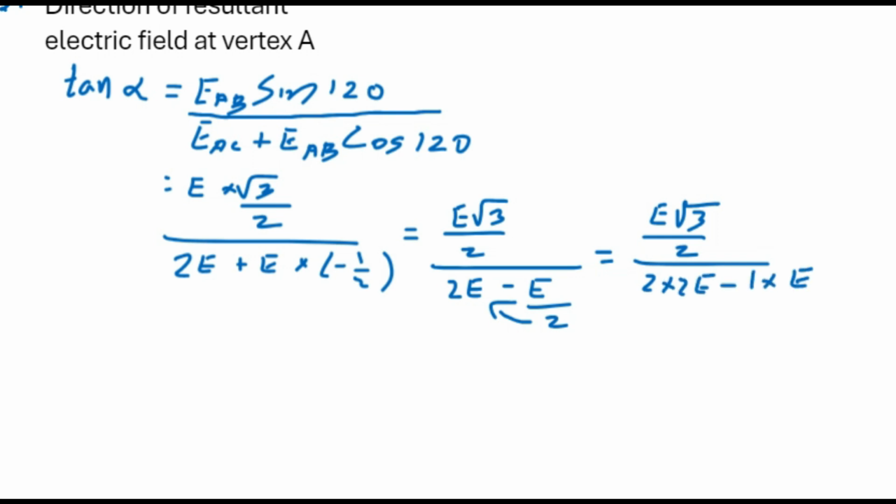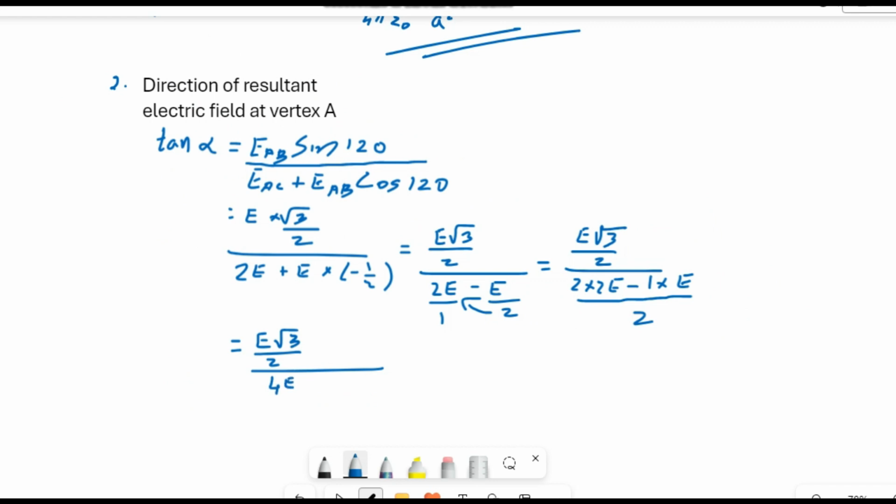So 2 into 2E minus 1 into E, divided by the denominator multiplication, so 1 into 2. So the numerator we will copy again as it is, E root 3 by 2, and denominator 2 into 2E is 4E, and minus E, divided by 2. Then the answer is E root 3 by 2 divided by 3E by 2, right?